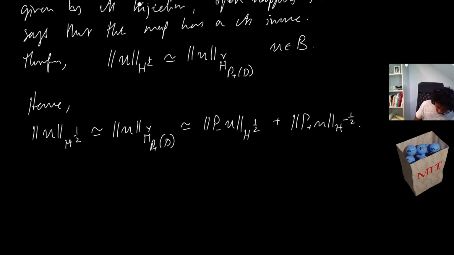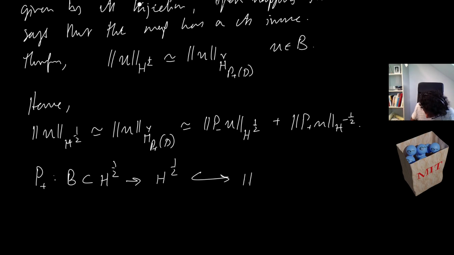So then the point is that one of the hypotheses that we had was that P plus preserves regularity, right? P plus maps H beta to H beta when beta is between negative a half and a half. So P plus in particular maps B, which is contained in H half, into H half, but of course we're now looking at the norm in H minus a half, but H a half maps into H minus a half compactly, right?